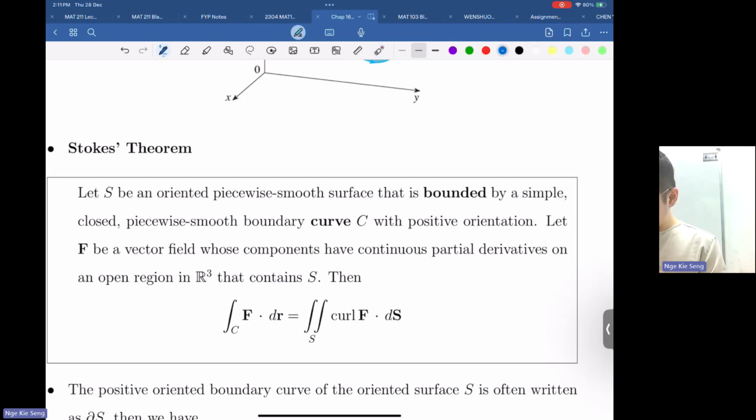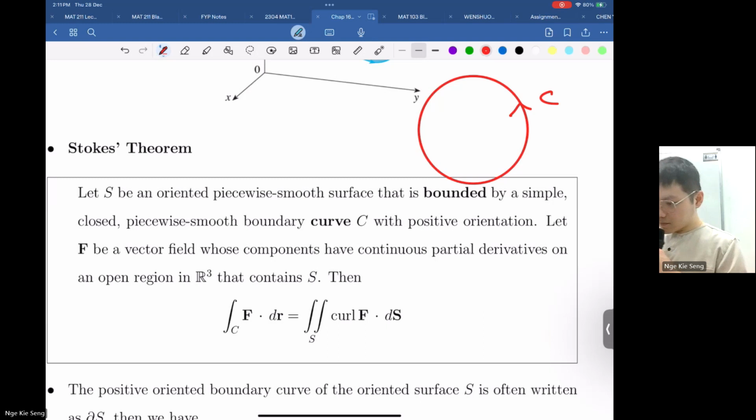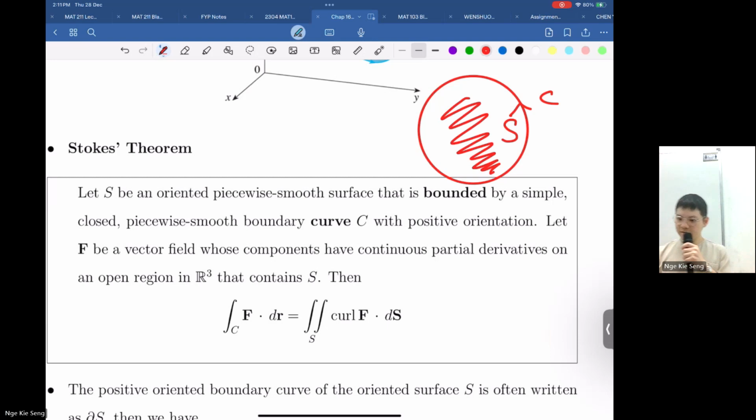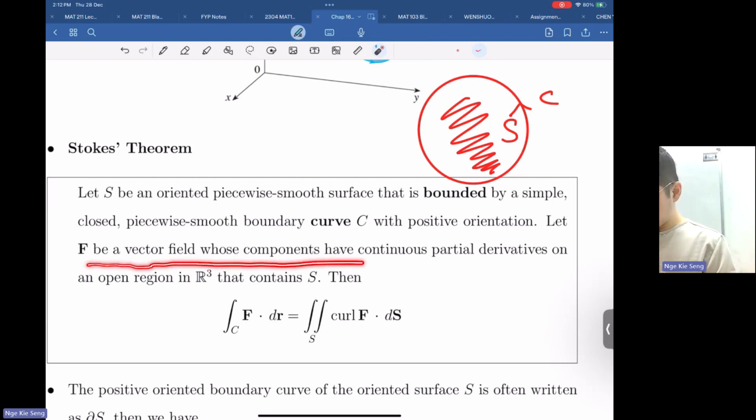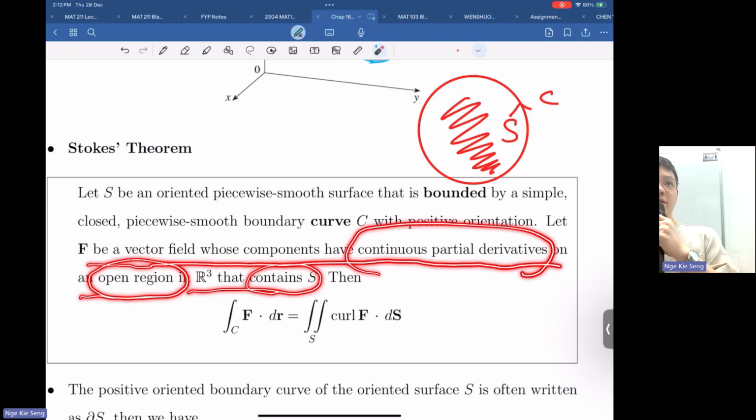So you have a boundary C, and then you bound an oriented surface X. Let F be a vector field whose components have continuous partial derivatives on an open region that contains X. So you see why continuous partial derivatives here.